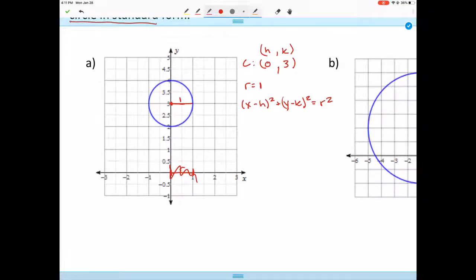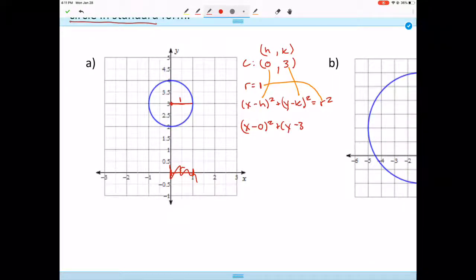Anyway, so we plug this in, maybe I'll change my color. We plug that in, and then we plug that in. So we'll get x minus 0 squared plus y minus 3 squared equals the radius squared. Then you want to simplify. We'll get x squared plus y minus 3 squared equals 1.